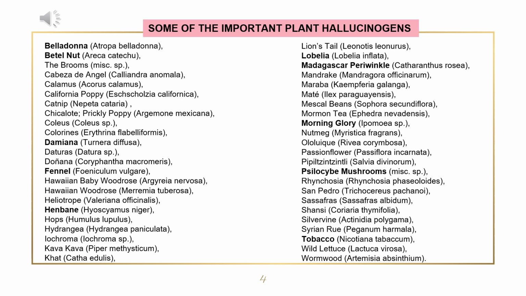You have already heard these names, and we already use them. Datura too. These are plants we use in day-to-day life, and apart from their medicinal uses, these plants also produce hallucinogenic effects.